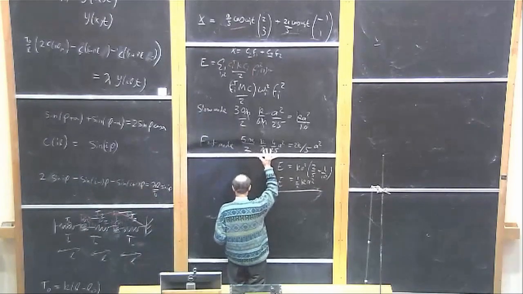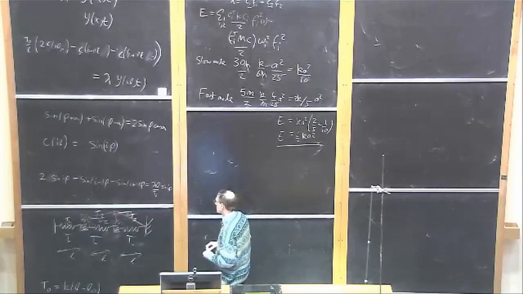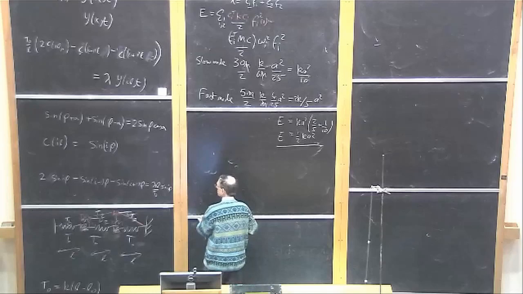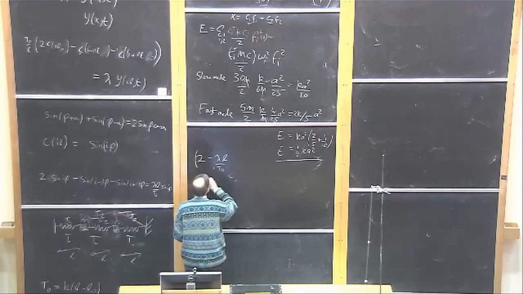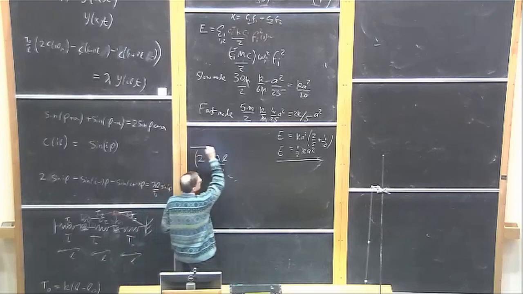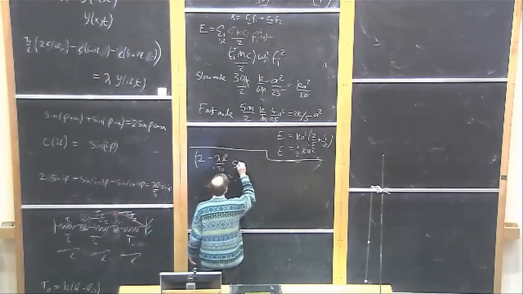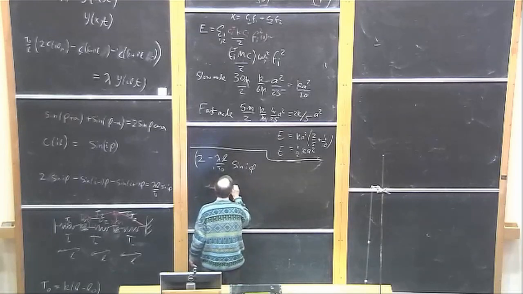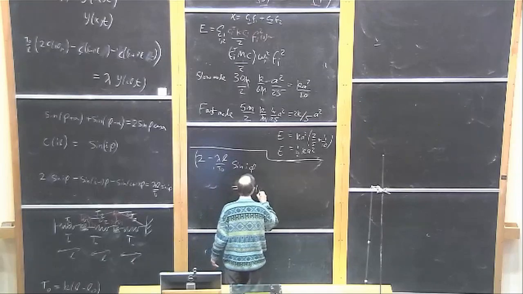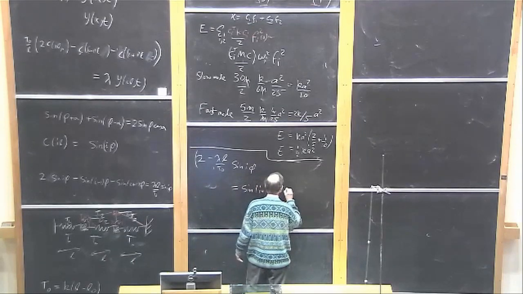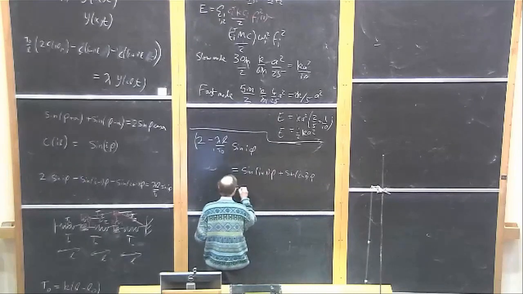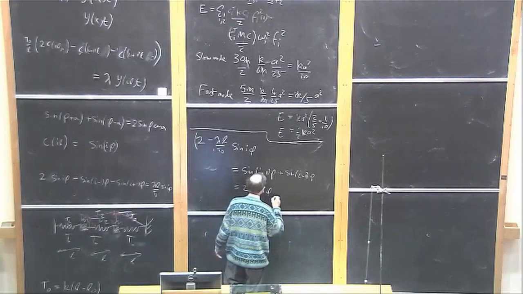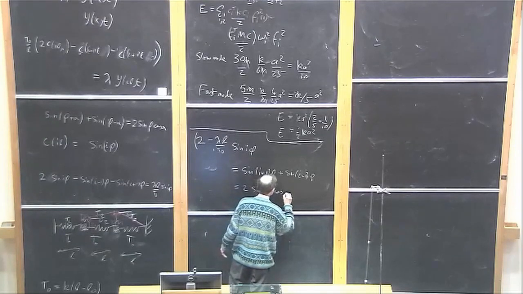So I need to go on to the next board, and so if I collect the sine phi's on the left and everything else on the right, I get 2 minus lambda L over T naught, sine i phi equals sine (i plus 1) phi plus sine (i minus 1) phi, which is twice sine i phi cos phi.